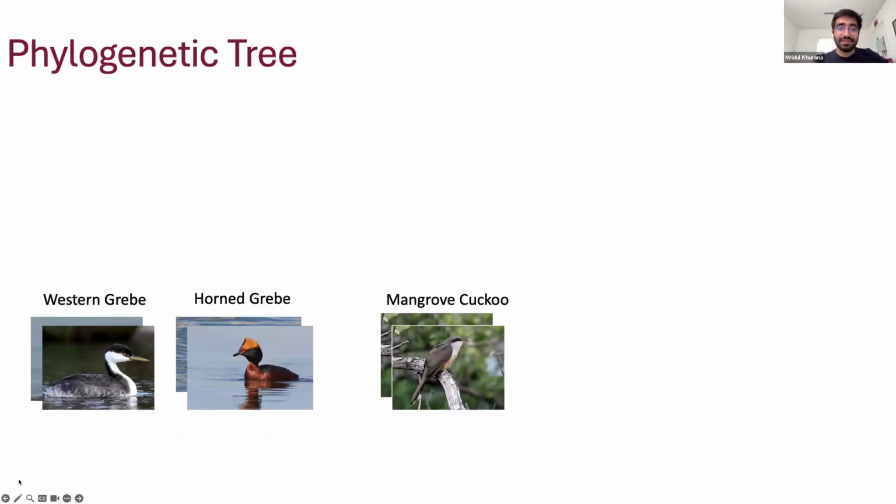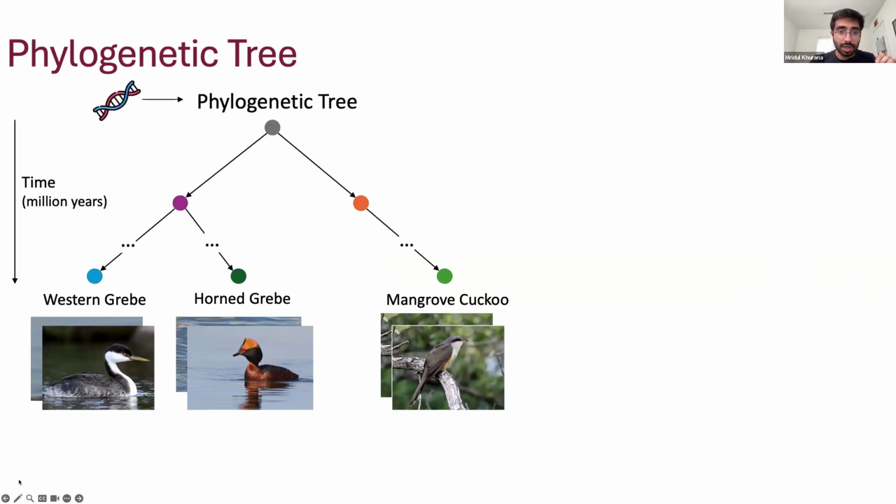So, for example, we're given a collection of images of birds in the CUB data set, for every species, and instead of assuming a flat structure in the species classes, we know that these species are related to each other in the tree of life or the phylogeny, which kind of captures our understanding of how species have evolved over time.